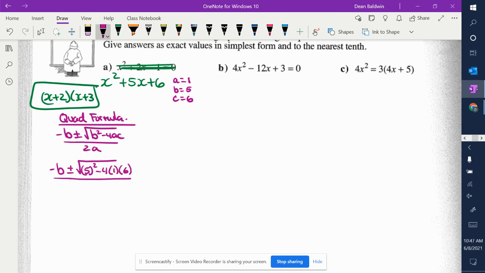And it's all divided by 2 times your A value, which in this case is 1. Why did I write negative B when I actually know what B is? Negative 5 should be there. Now you just have to evaluate this. So do what's inside the square root first. Well, if you know how to factor, you don't have to do this. 5 squared is 25. 6 times 4 is 24, and it's all negative. Over 2.